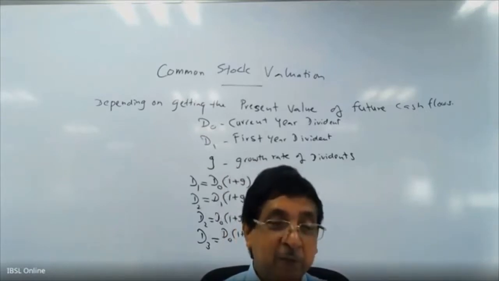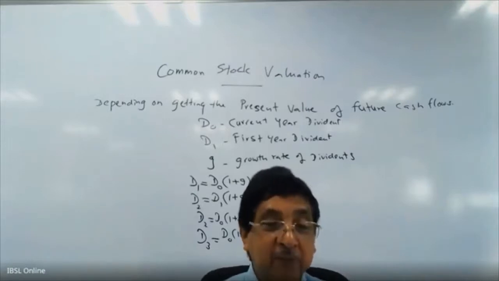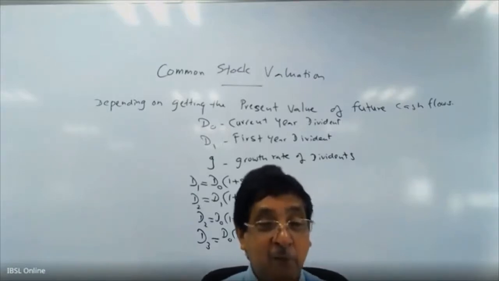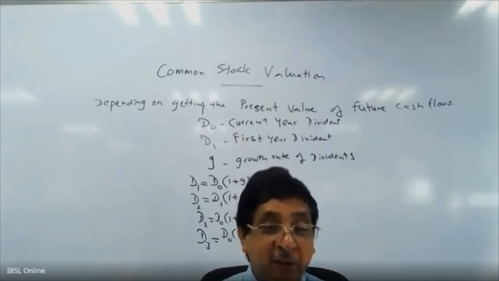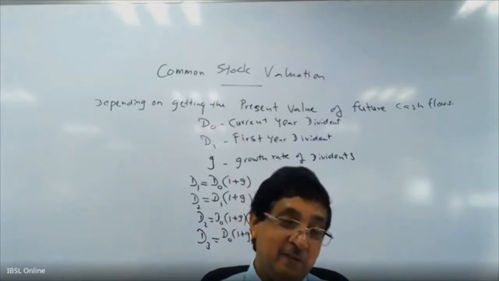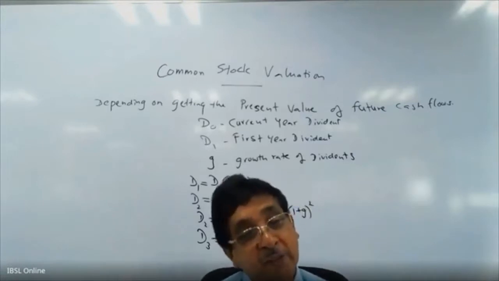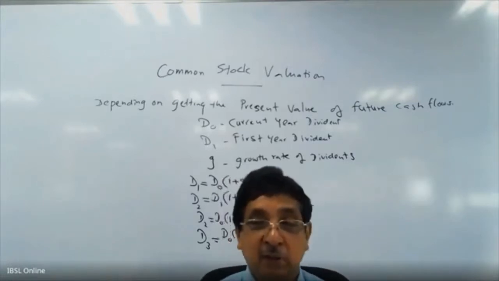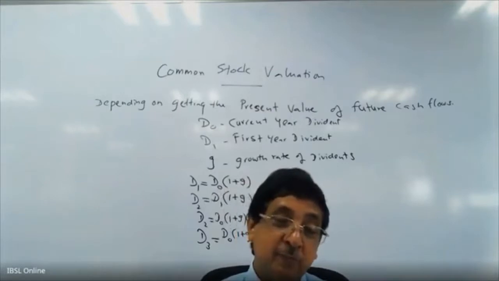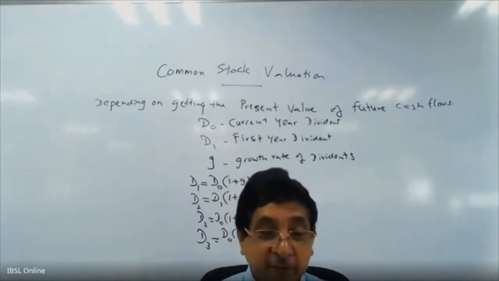So if you have a D1 dividend income in the first year, what is the present value of that? D1 divided by 1 plus K. If you have a dividend cash flow of D2 in the second year, what is the present value of that?